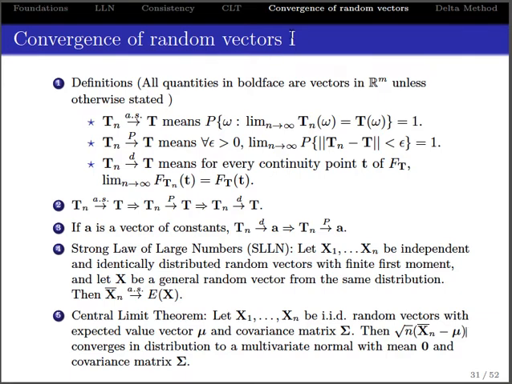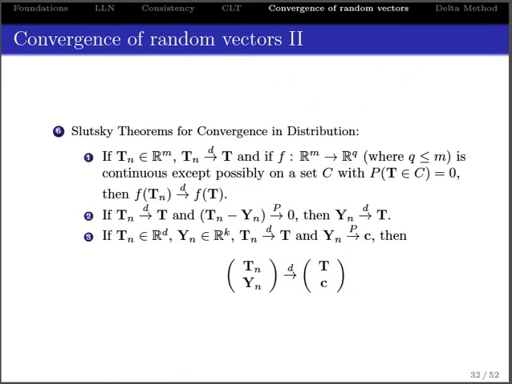This is part 1. Part 2 are Slutsky theorems for convergence in distribution. The first one is basically continuous mapping, and it's okay to refer to it as continuous mapping. So you've got Tn, a random vector. Tn is in Rm. We're going to have to talk about random vectors pretty soon.